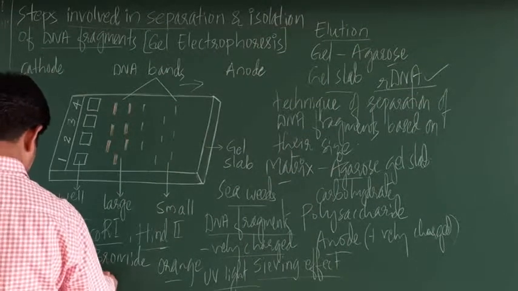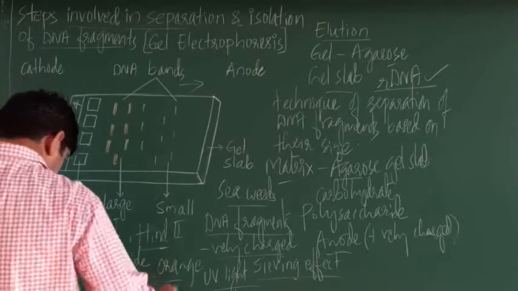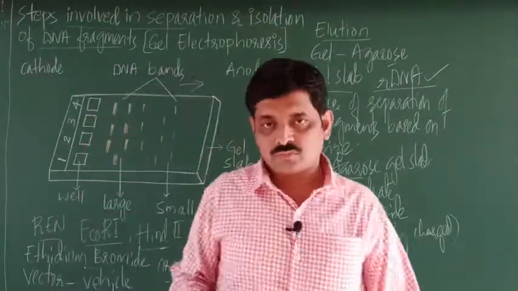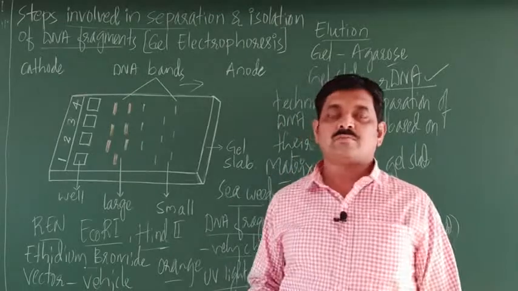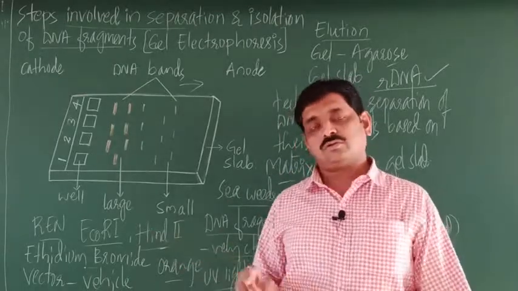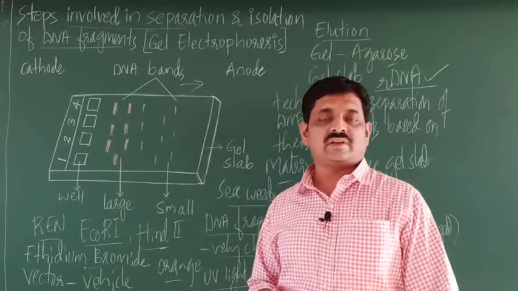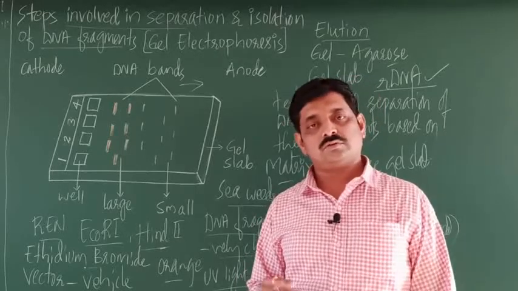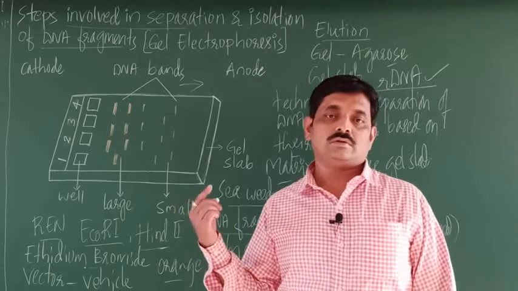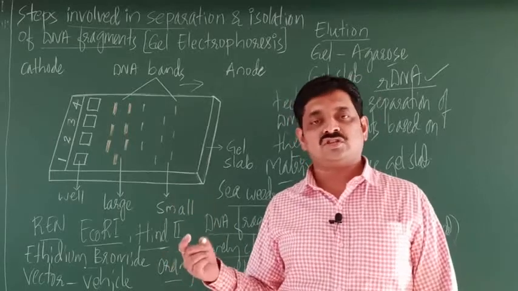Normally a vehicle is used in transport. So a vector also is involved in transport. A vector is a vehicle that transports genes or DNA, the desired gene.